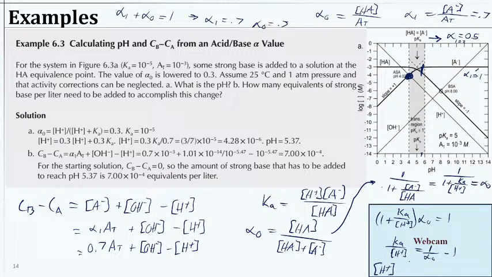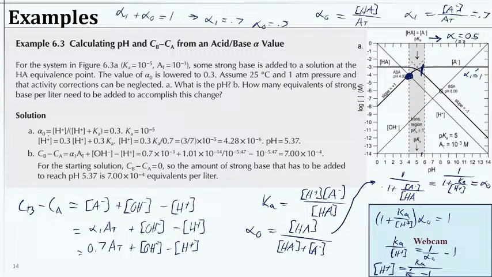So H plus would then be, I'd multiply both sides by H plus, divide both sides by all this. So that should be Ka over 1 over alpha 0 minus 1. Okay, I think I did all that right. It's a bunch of algebra, right? Maybe there's a simpler, faster way to do it, but let's see if that's essentially what was going on here, and perhaps I just way overshot what I needed to do.